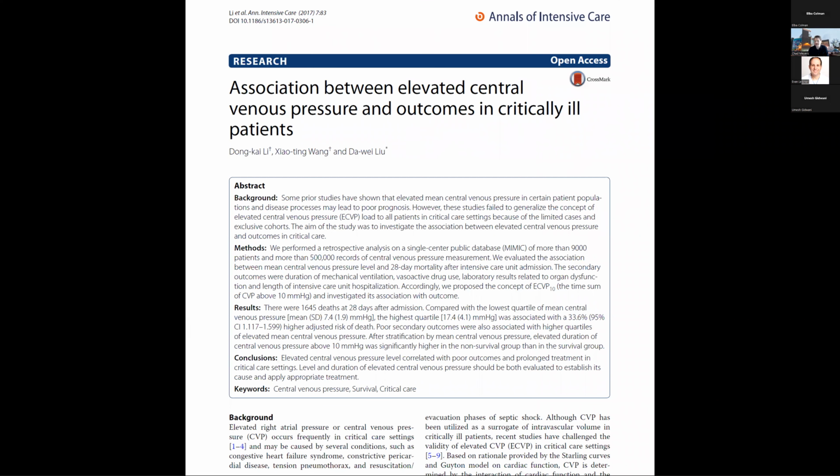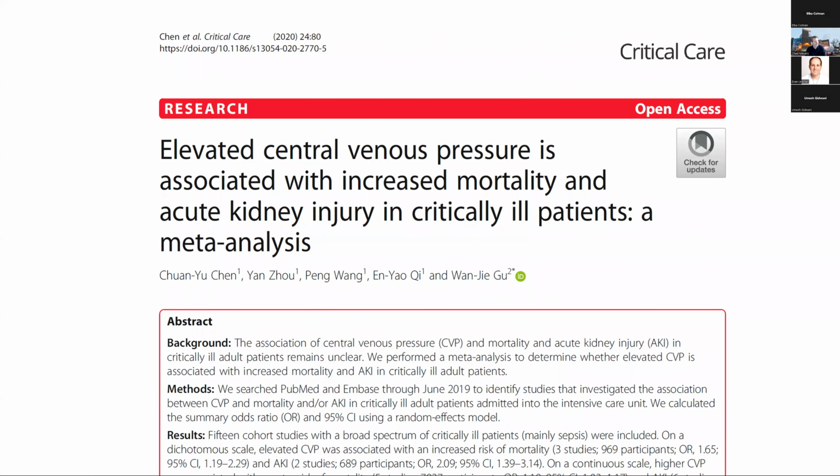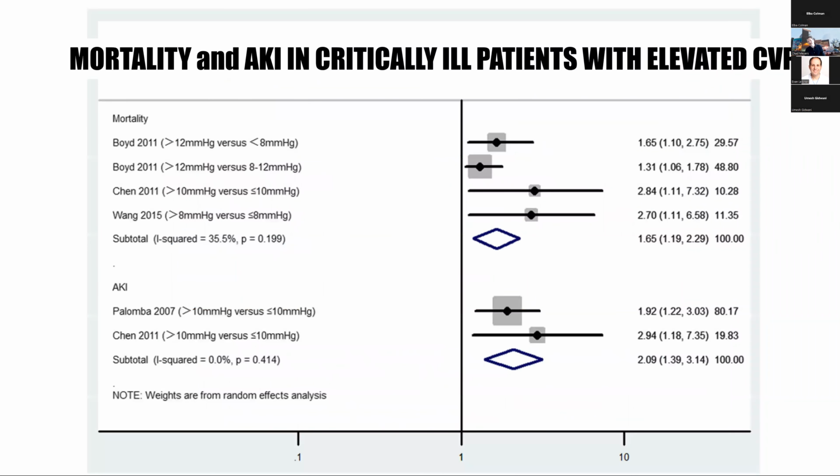And a larger retrospective study, 2017, looking at 500,000 patient records in the MIMIC database out of Beth Israel, found that CVPs of greater than 10 were associated with increased 28-day mortality in a variety of pathology. And then most recently, in a meta-analysis from 2020, looking at 15 studies, found that basically both mortality and AKI were associated with elevated CVPs in critically ill patients.